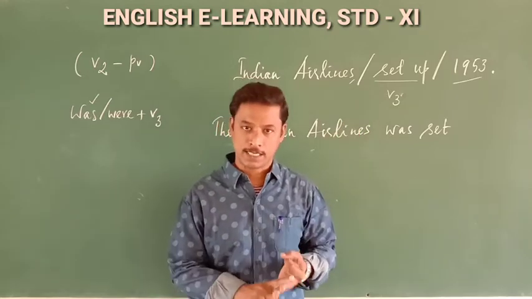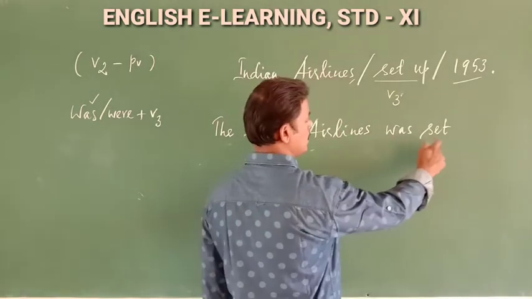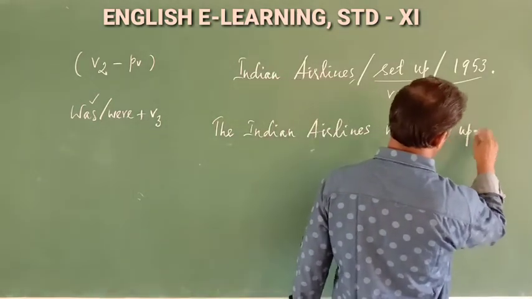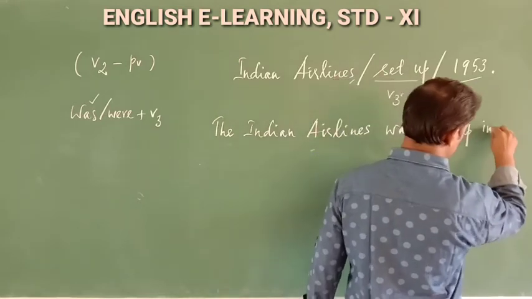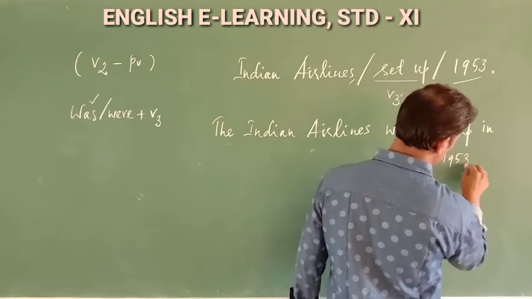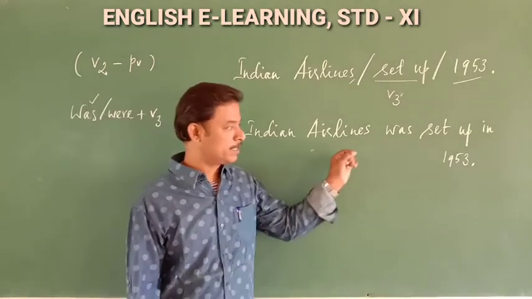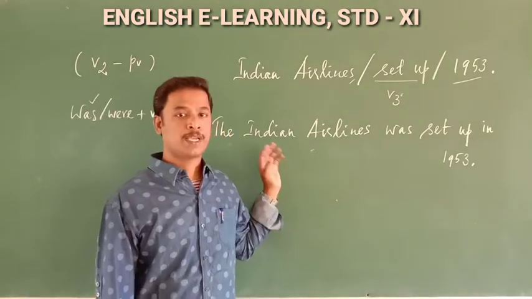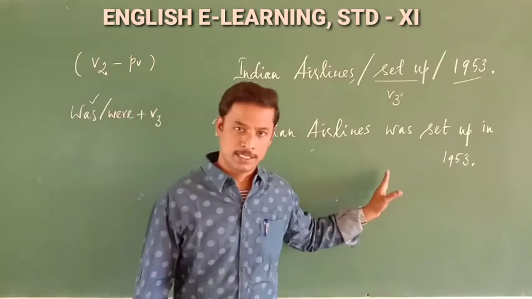Set, set, set. Okay. That is why I have written was set up. Again, the preposition in must be used in 1953. The Indian Airlines was set up in 1953, and as usual, the agent is missing here.